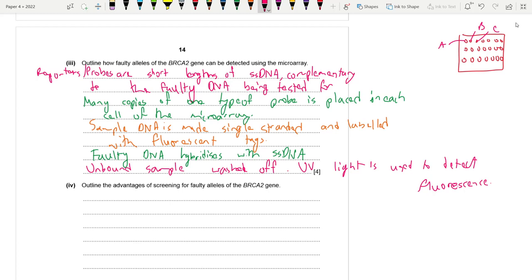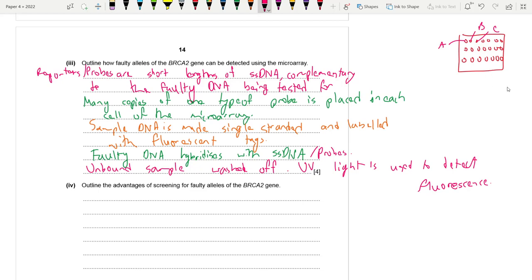Now what? The faulty DNA actually hybridizes or binds with the single-stranded DNA probes, because the probes are already present on the microarray, right?